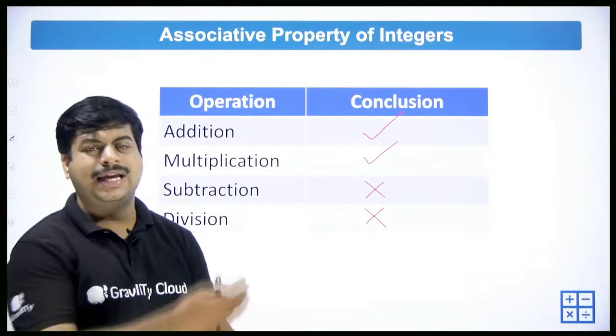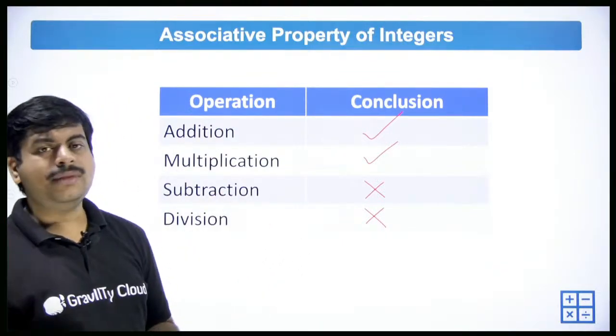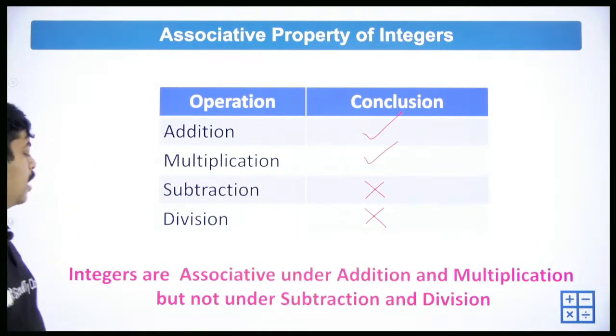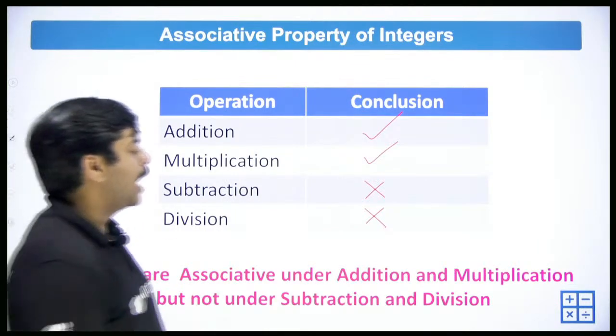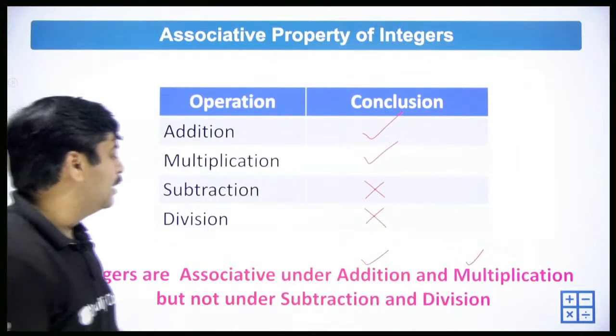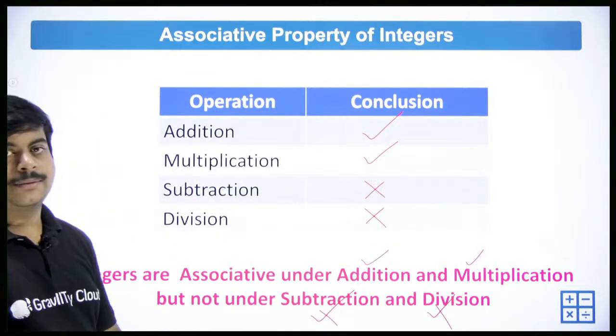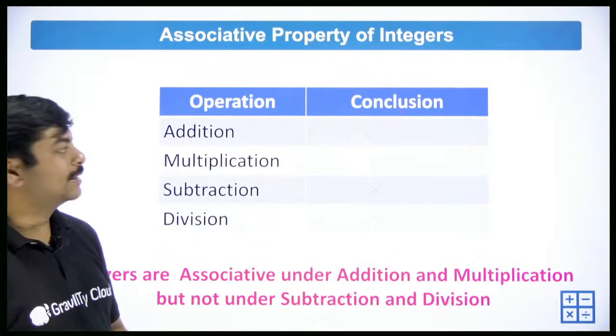Not only with integers, with any numbers, these two will not satisfy the associative property. So integers are associative under addition and multiplication, but not under subtraction and division. Right, so let us discuss some more properties.